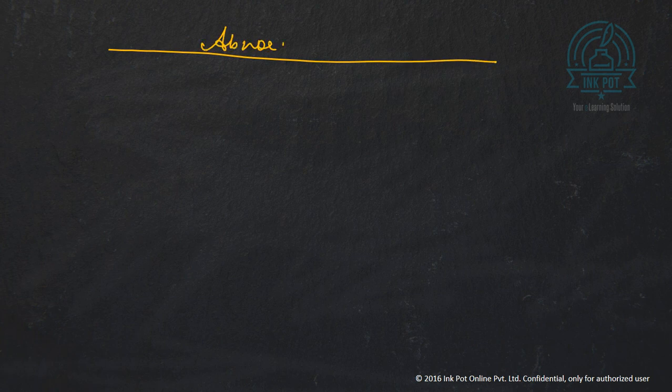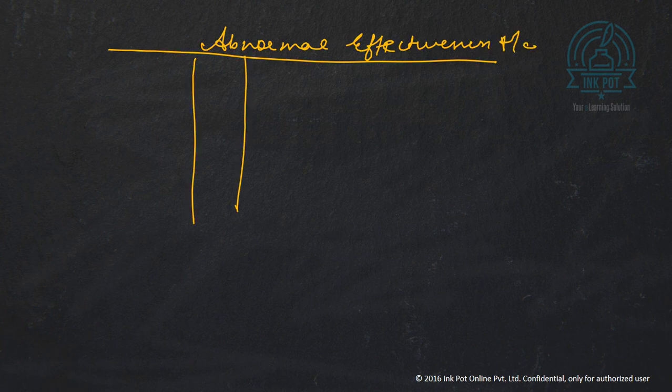And last we are left with abnormal effectiveness account. Again we have units, amount, units, amount, right?